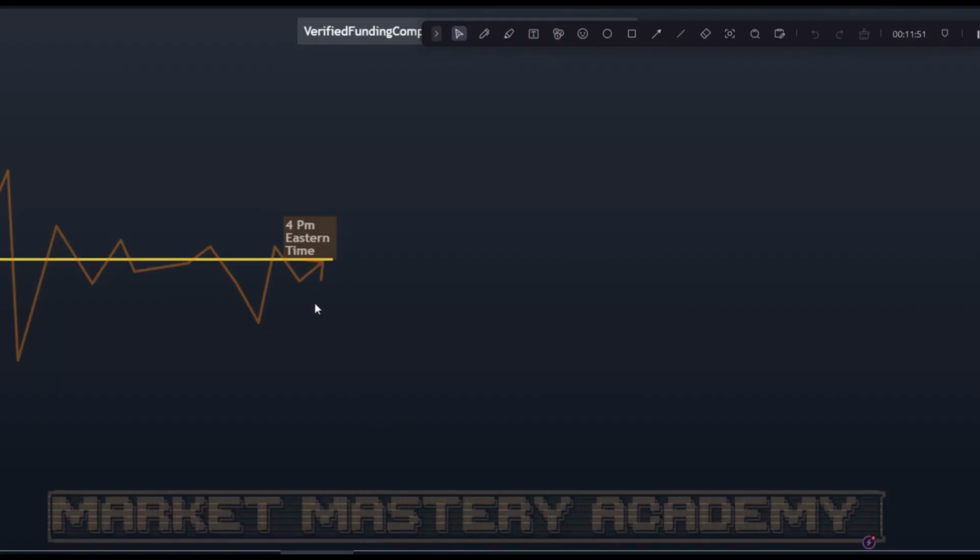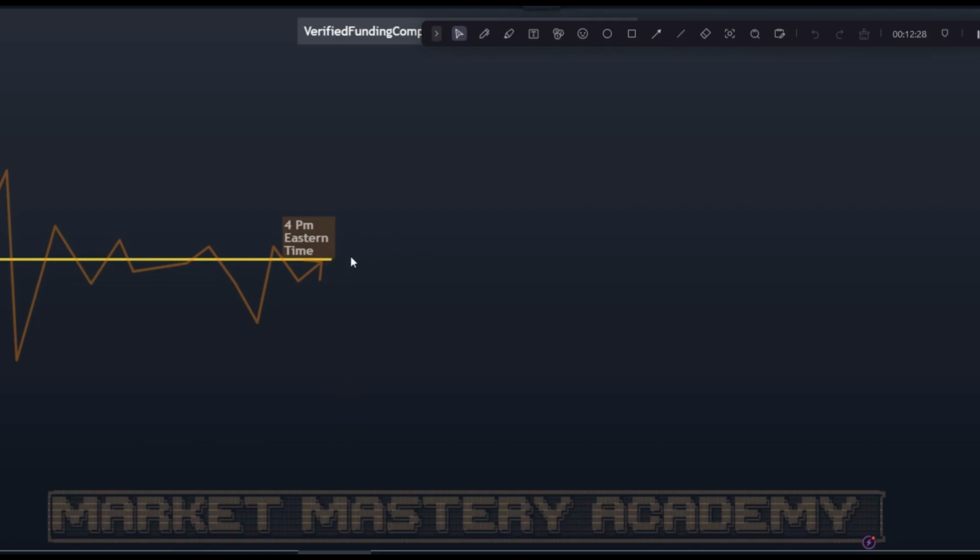That's going to be 4 p.m. Eastern. It opens back up an hour later at 5 p.m. Eastern, and then it piddles around for an hour, but we're not worried about that hour after the New York Stock Exchange close. We're only worried about the New York Stock Exchange close.